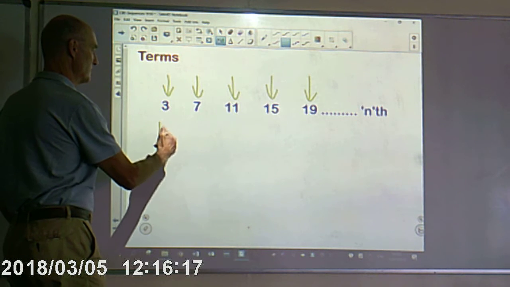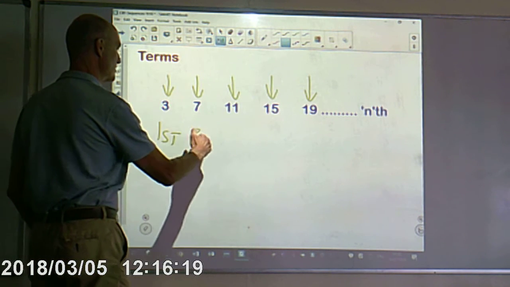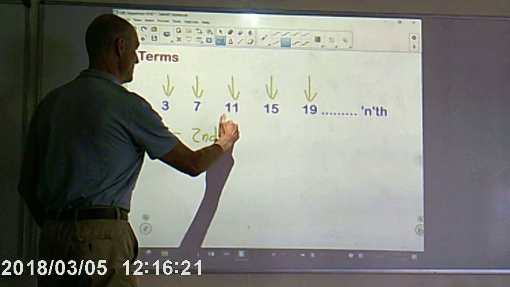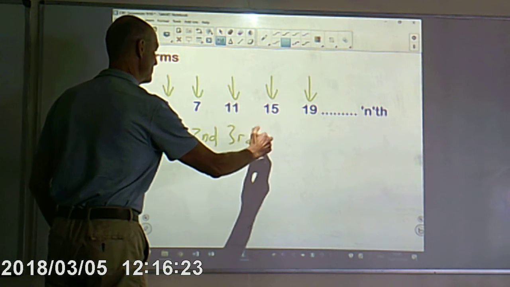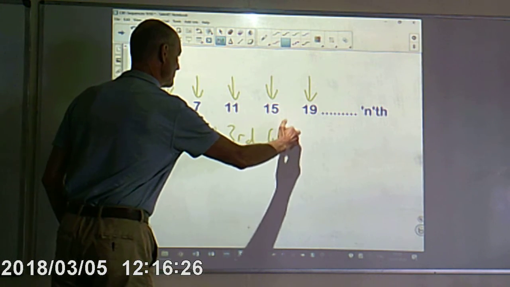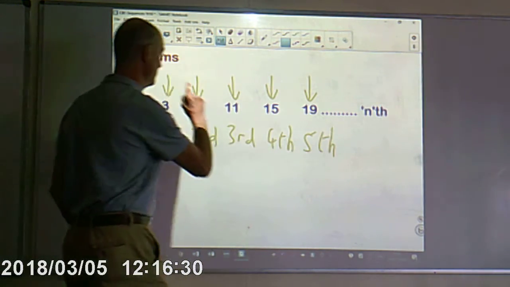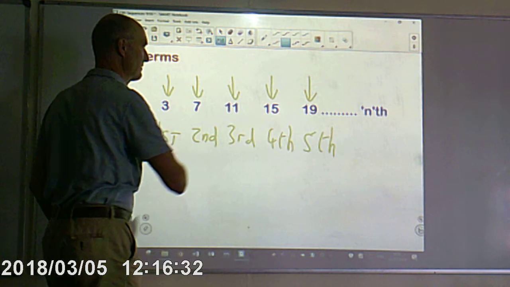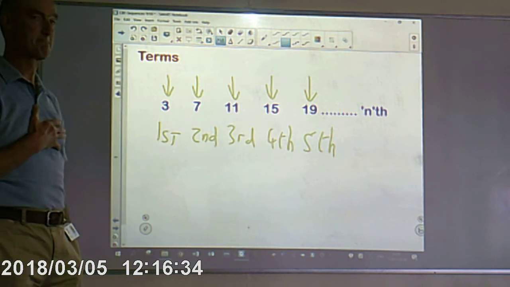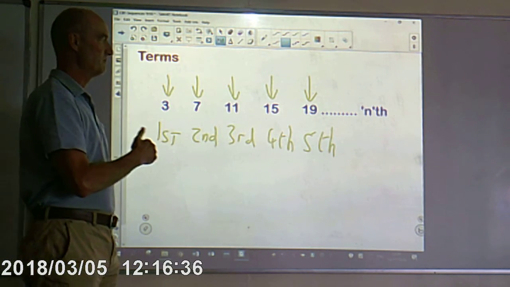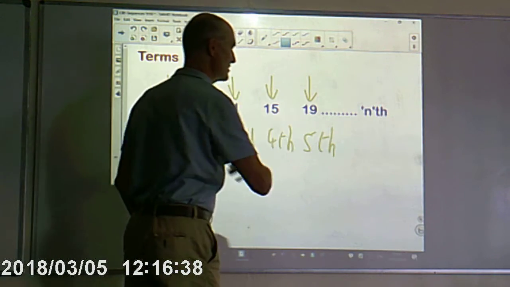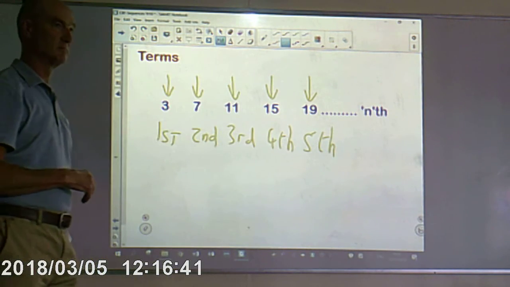So the first number in the sequence, the second number in the sequence, the third number in the sequence, the fourth number in the sequence, the fifth number in the sequence, and so on. First, second, third, fourth, fifth. Okay? The nth term is any term in the sequence in the future.